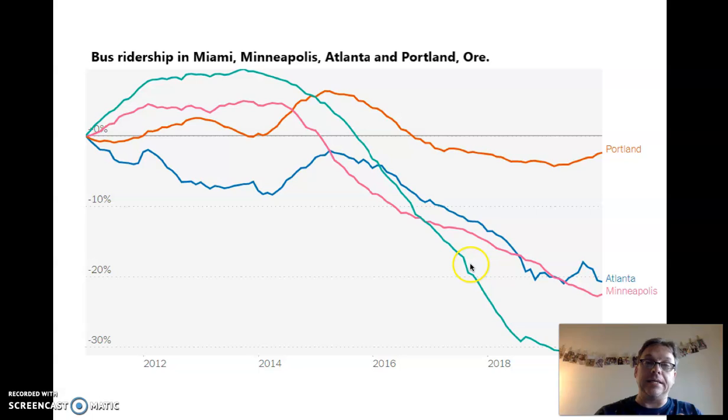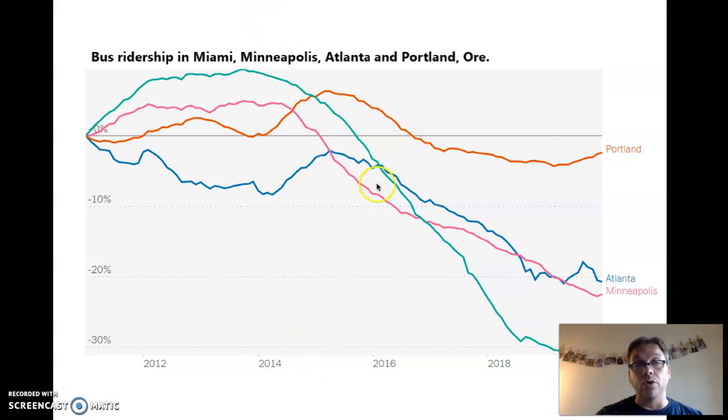So what do we see when we start interpreting the chart? Well, we see bus ridership really started going down sort of around 2015, right? 2015, 2016, bus riding really went down, right, in this time.